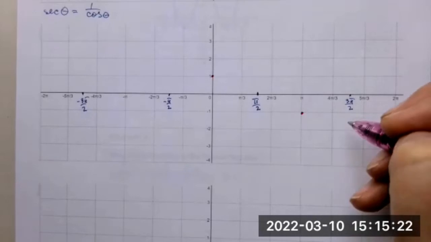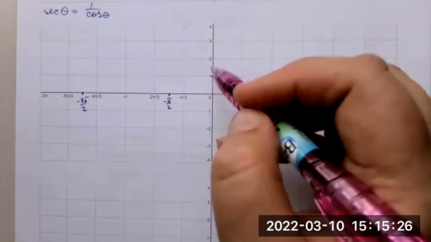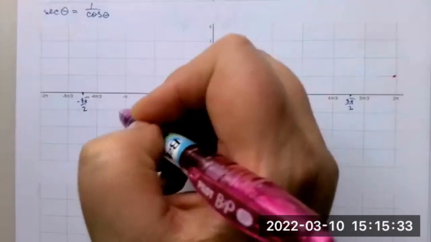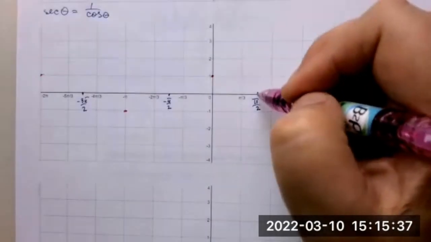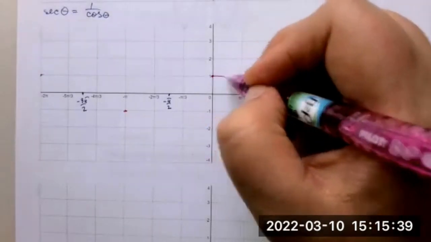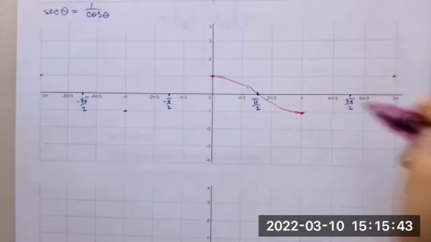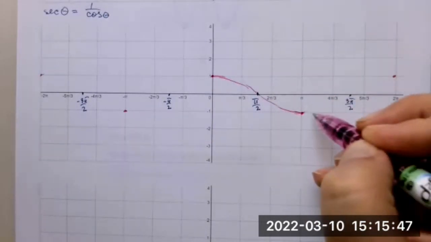And then it repeats itself on both sides. It's an even function. It goes through zeros at pi over 2 and 3 pi over 2.